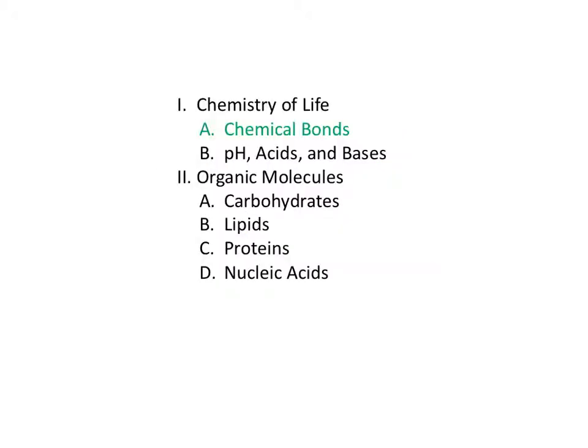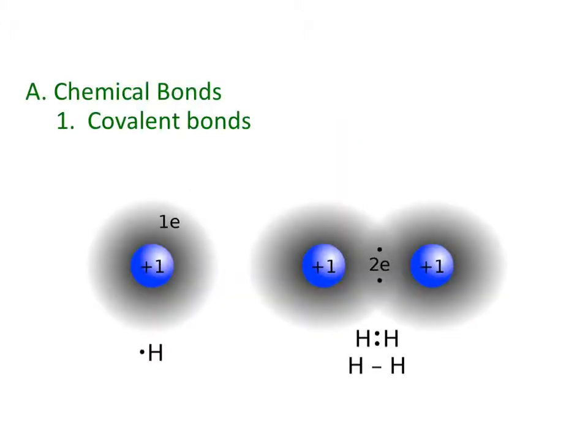What we're going to do next is talk about chemical bonds. The first bond that we're going to talk about are covalent bonds. Covalent bonds are ones in which the outer electrons, the valence electrons, are shared.